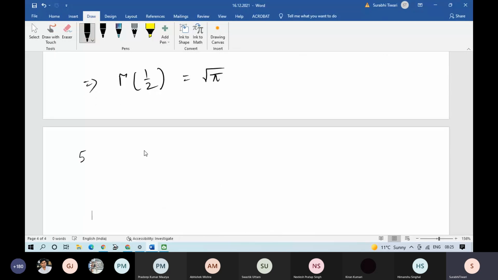Okay. Now fifth equality is gamma of minus half is equal to minus 2 root pi.